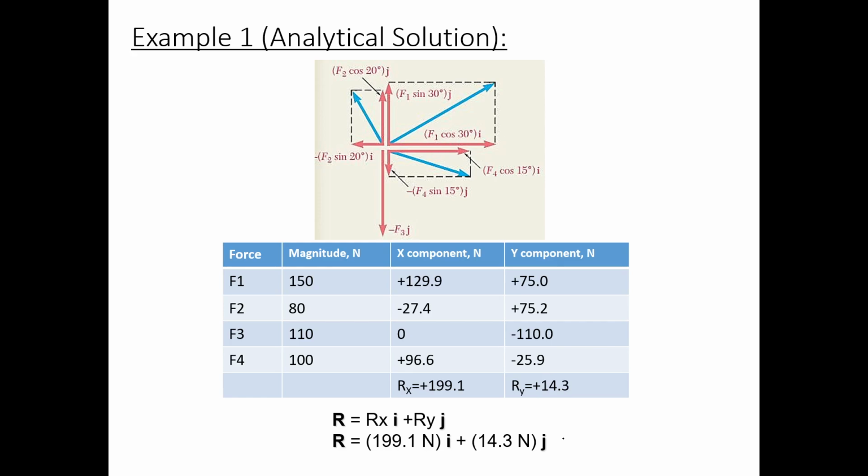So this representation here is more of a physics vector. It is the first way of presenting your vector forces in physics. i, j, k: i in the x direction, j in the y direction, and if you have k, which is the advanced version, that's the z component. You have a 3D force system, so x, y, z. So I think all of our answers are correct so far. So 199.1, then we have 14.3, and then all are positive.